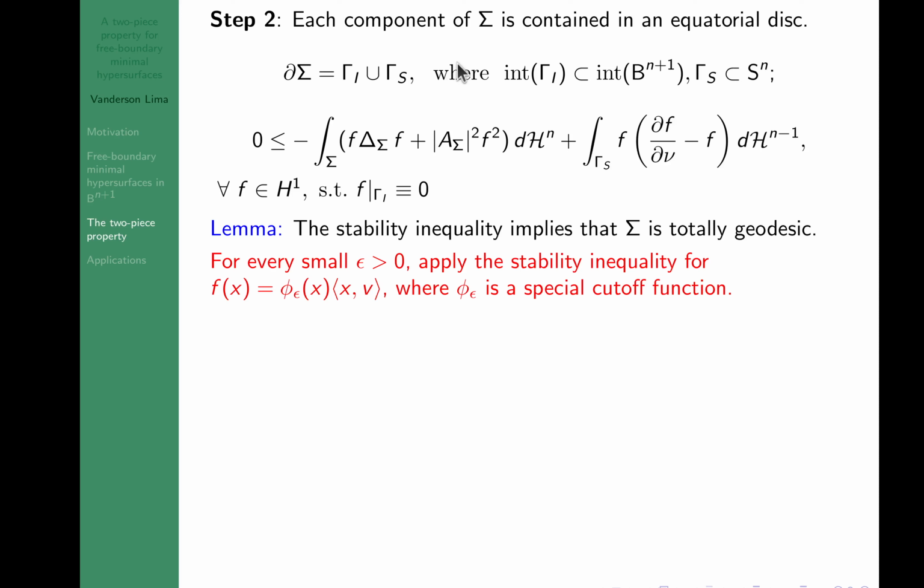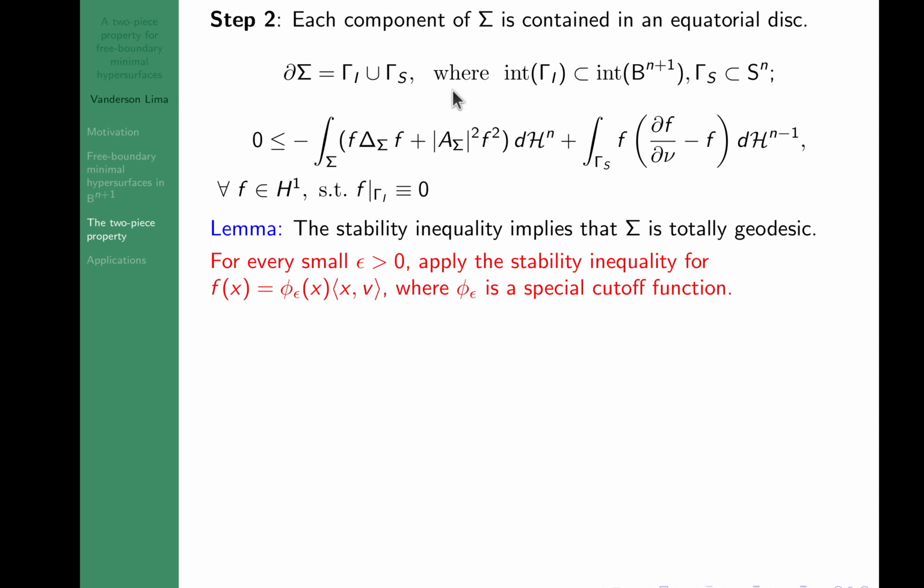Then a classical result in differential geometry says that in this case the surface is contained in a hyperplane. So the problem here is that maybe sigma has some singularities.